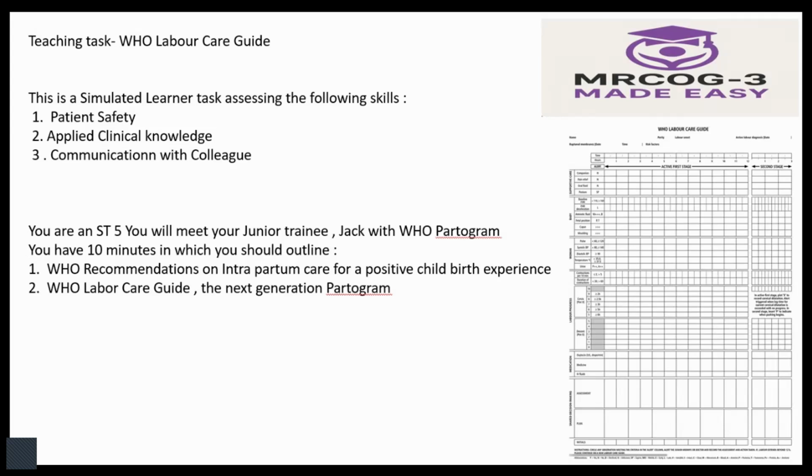Prompt and early recognition and action will be taken to improve the quality of care so that the woman and baby receive it. These are the differences between the previous partograph and the WHO labor care guide. Am I clear so far?